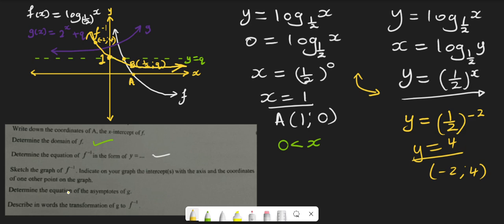We need to determine the equation of the asymptote of g. So for the asymptote of g of x, we need to find the value of q. Looking at point B on f, we can notice that this function cuts the line y equals q at point B. So to find the y value, which is q, we need to substitute the x value that we already know in the function of f.